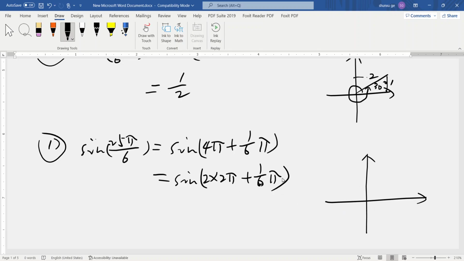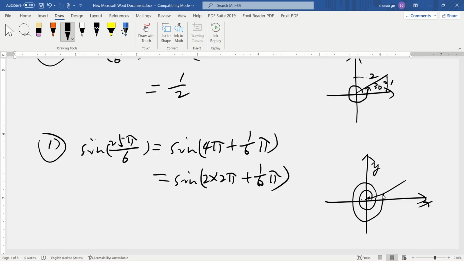One circle is 2 pi, two circles is 4 pi. Okay, here 2 pi, 4 pi, then this is 1 over 6 pi.